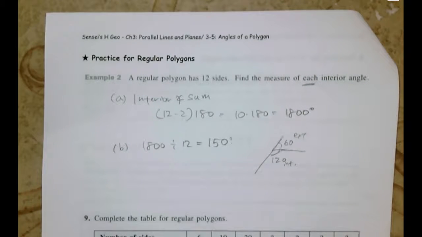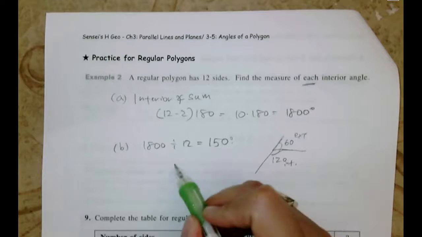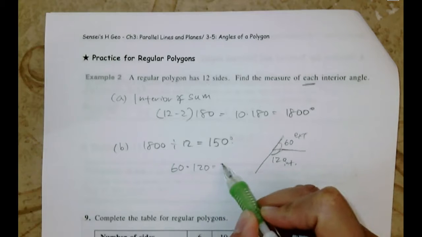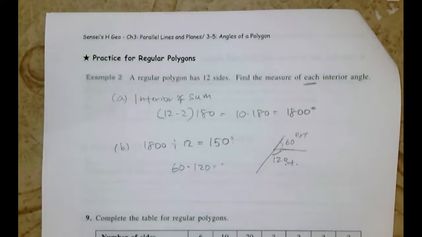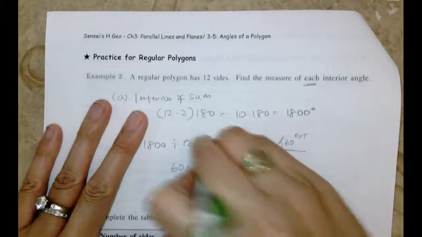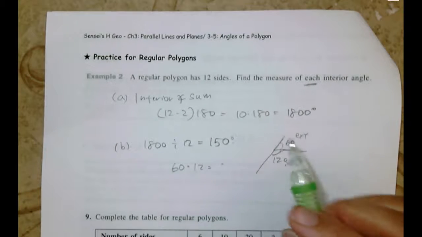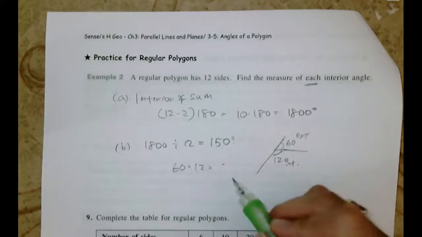And how many exterior angles does it have? It's a dodecagon, so it's 12. So 60 degrees times 12. There are 12 sides, 12 exterior angles. And you get 360.